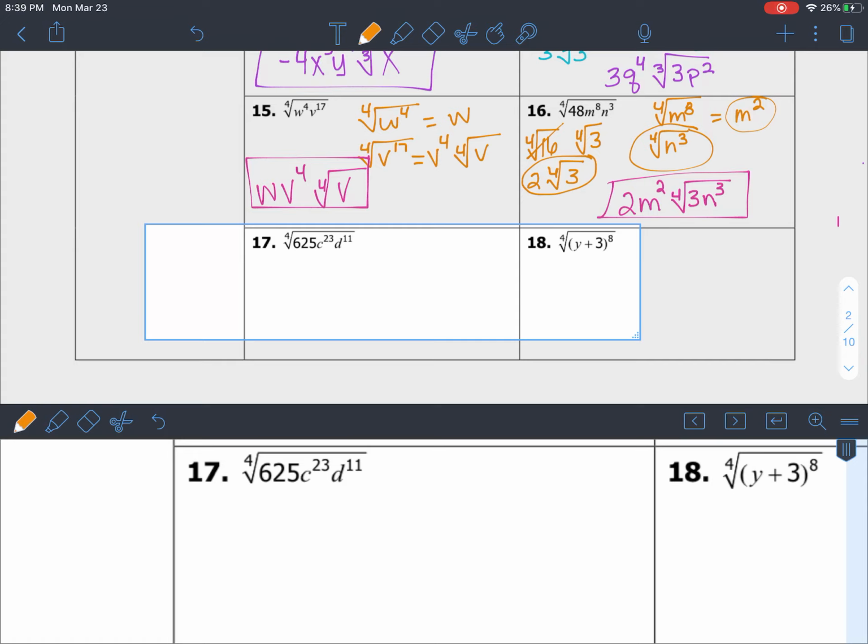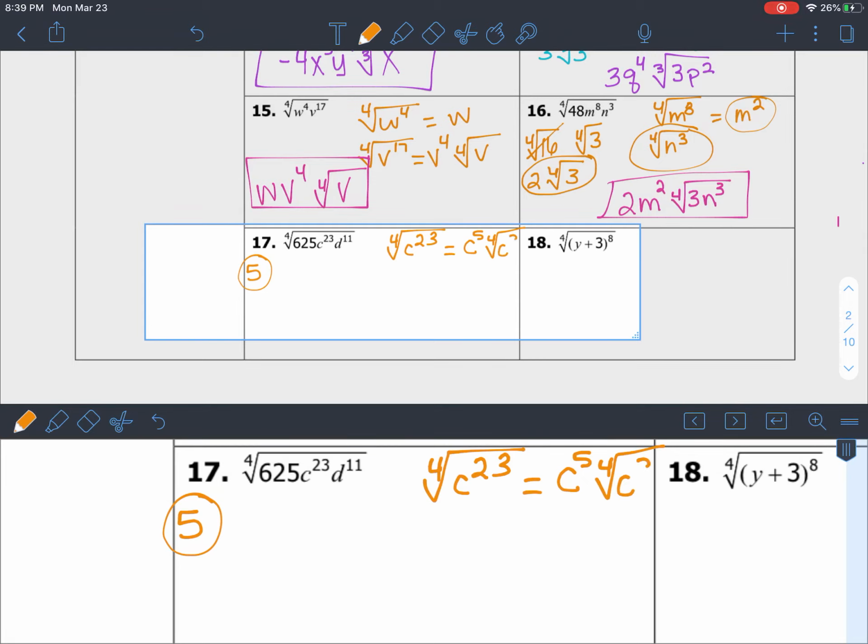So when we go to number 17, 625 just so happens to be a perfect fourth. And it happens that it's 5. So our number turns into just 5. And then we need to talk about the 4th root of c to the 23rd. So we need to think about how many times does 4 go into 23 without going over. So that happens to be 5 times.